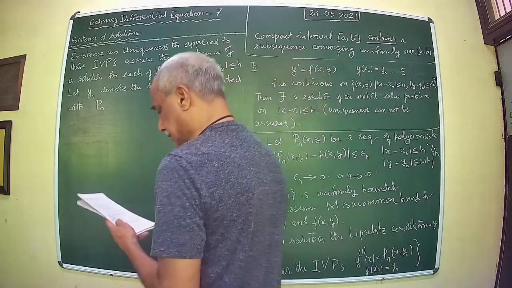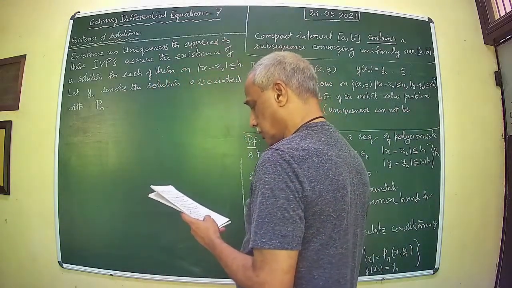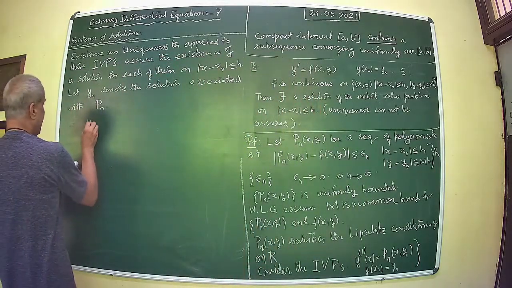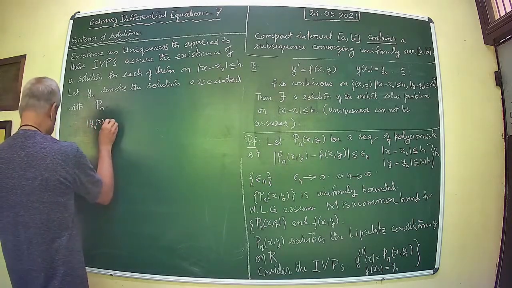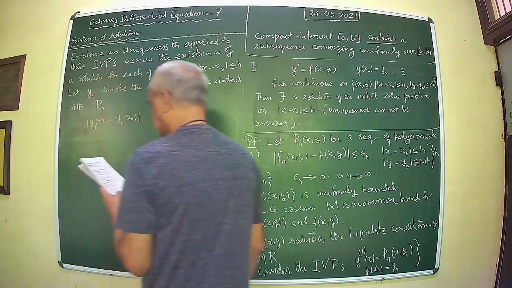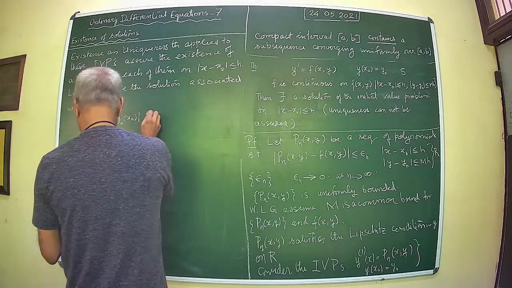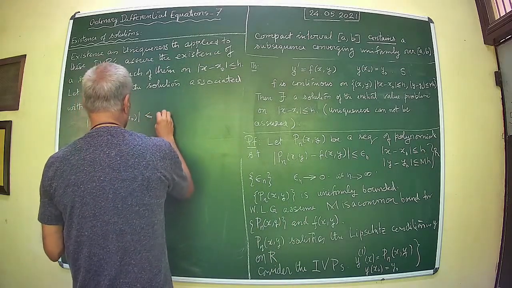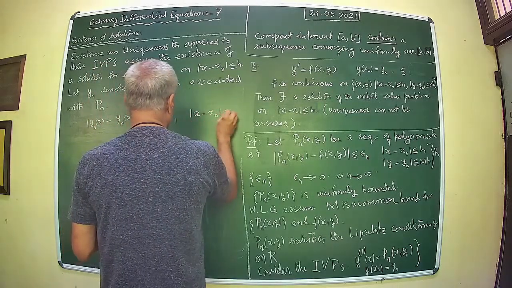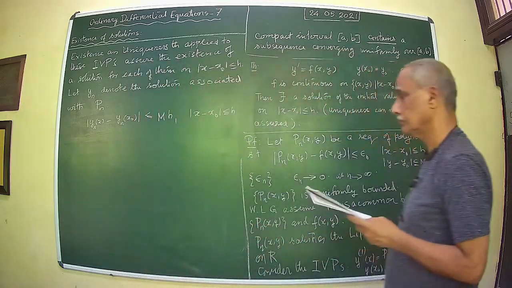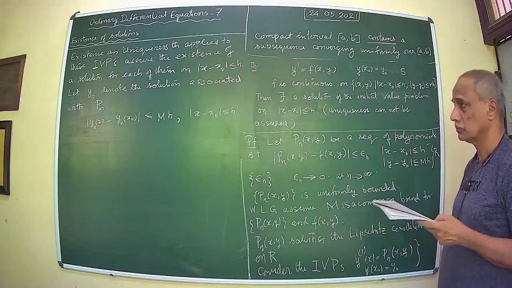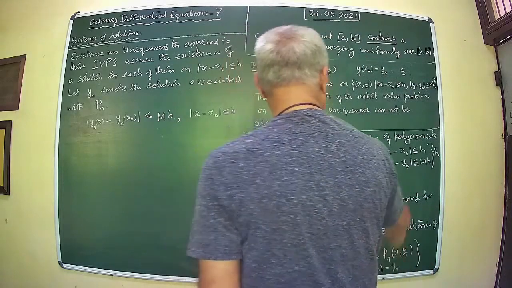Now we prove two things. See, then what you have is this. You have yn(x) minus yn(x naught), this is less than or equal to a bound, and that is quite easy to see.